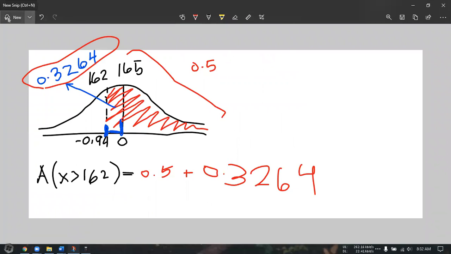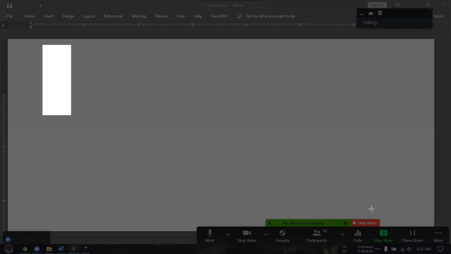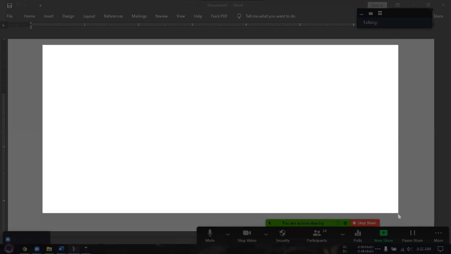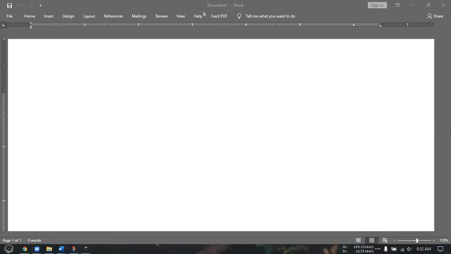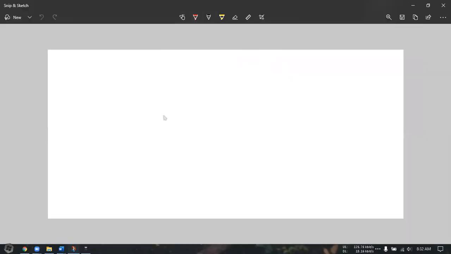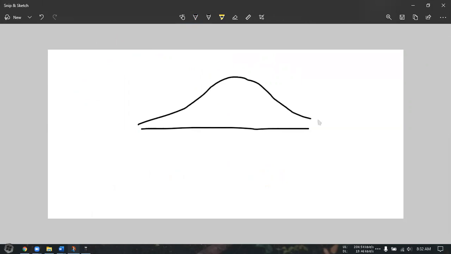1, 2, 3. And let's draw another normal curve. We have the normal curve, and at the center, the mean, 165, and 159, right?